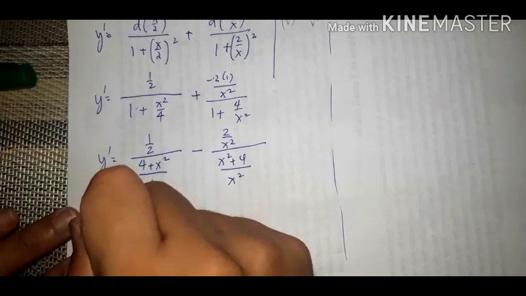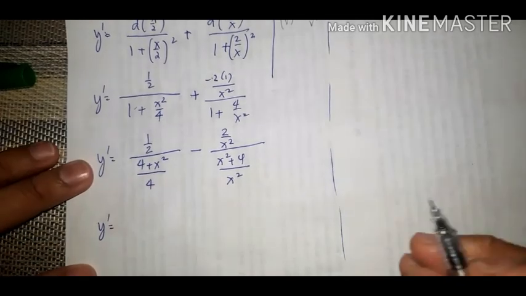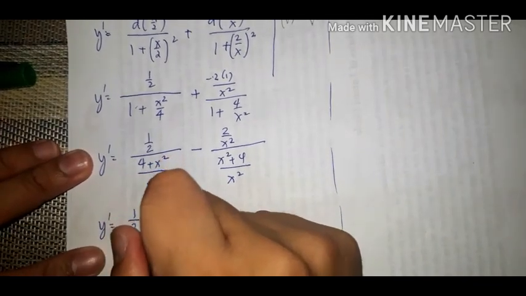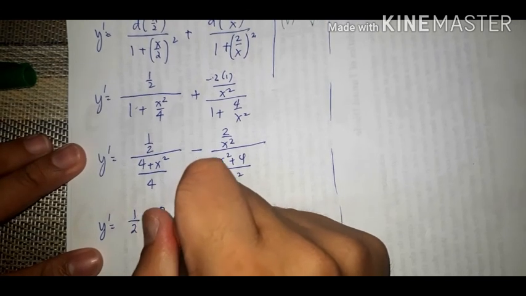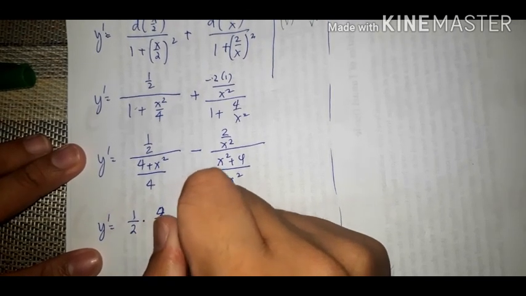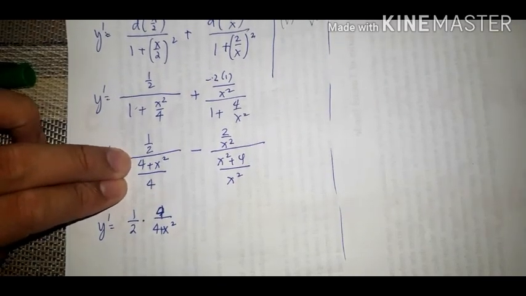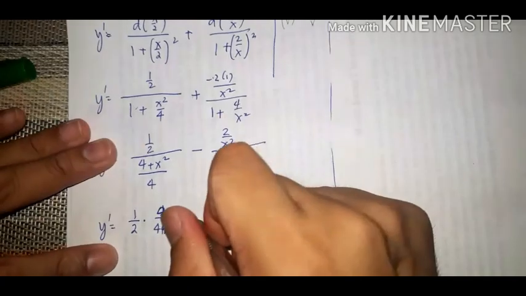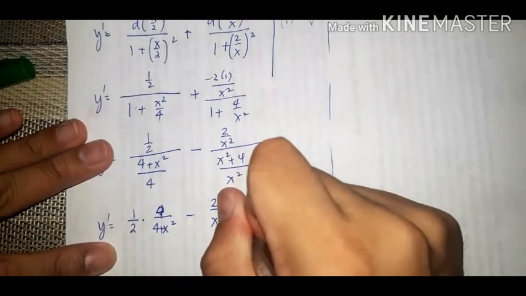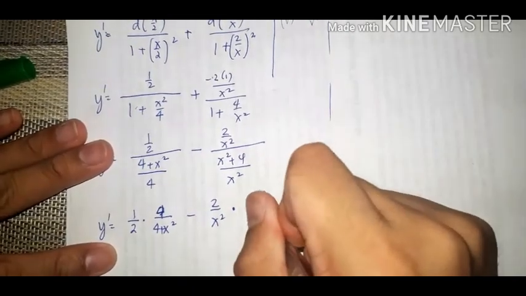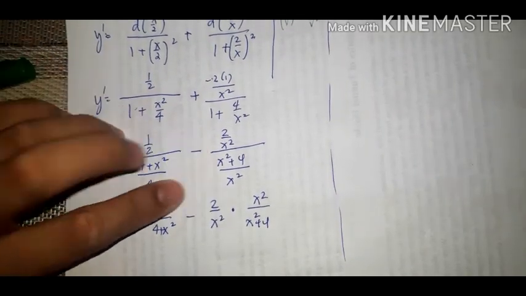So, this now gives you y prime is equal to 1 half times 4 over 4 plus x squared. So, multiply this by the reciprocal of the denominator. Minus 2 over x squared times x squared over x squared plus 4. This naman multiply by the reciprocal of your denominator.